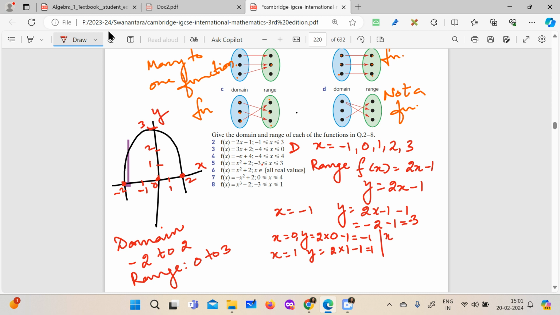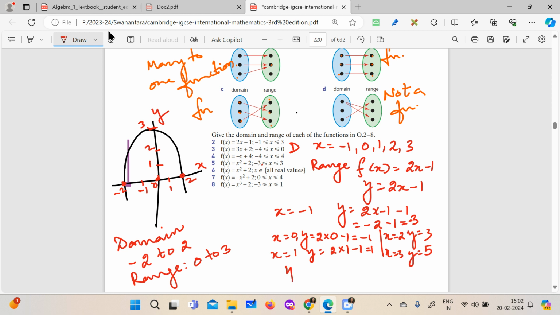When x is equal to 2, y is equal to 2 times 2, that is 4, and 4 minus 1 is 3. When x is equal to 3, y is equal to 3 times 2, which is 6, and 6 minus 1 is 5.